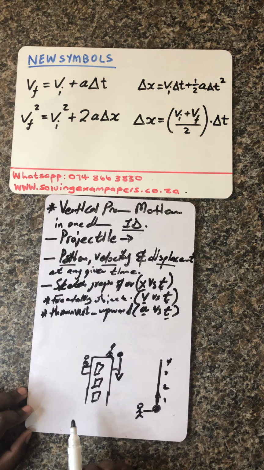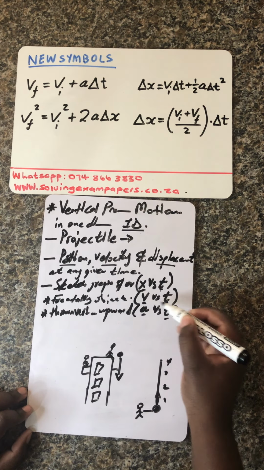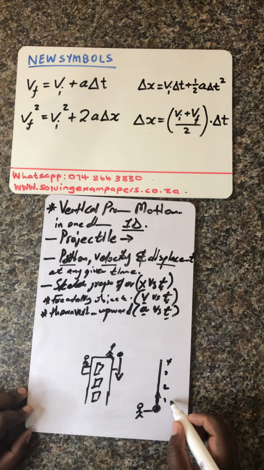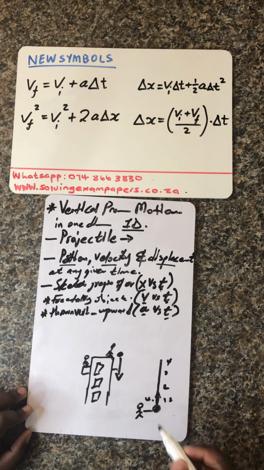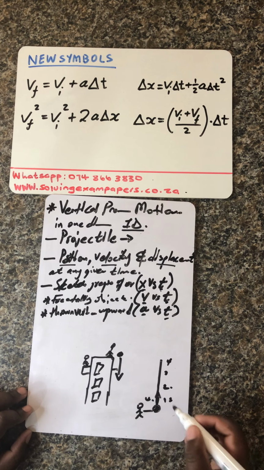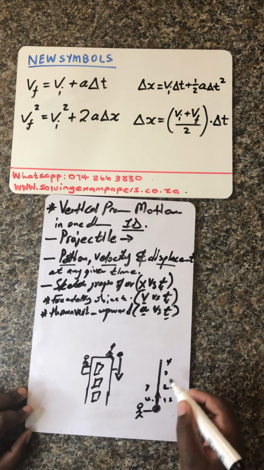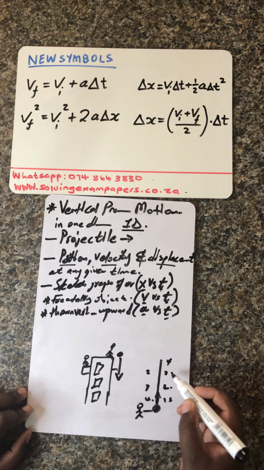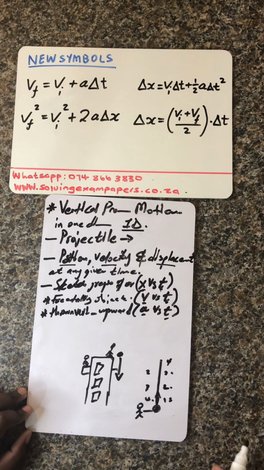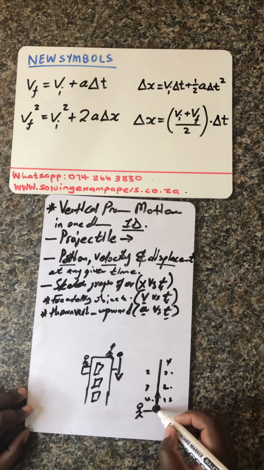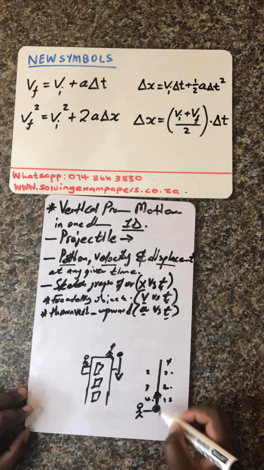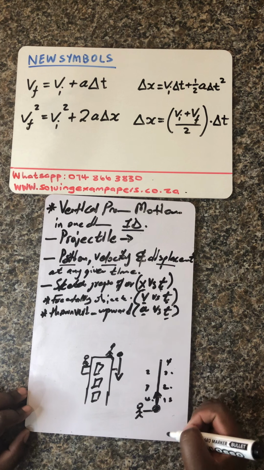And again, when we talk about a velocity versus time graph, we can tell after 1 second it will be traveling maybe at 4 meters per second. After 2 seconds, maybe it will be traveling at 3. After 3 seconds, it will be 2, and so on. In terms of the acceleration, obviously as this object is being thrown vertically upwards, its acceleration decreases.